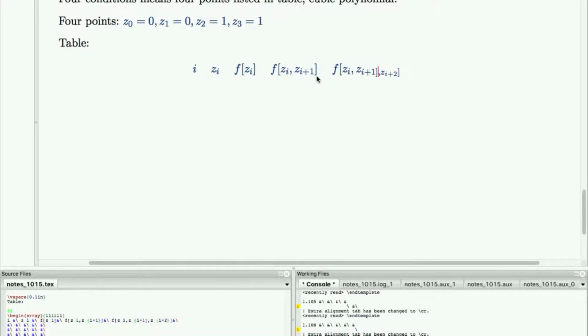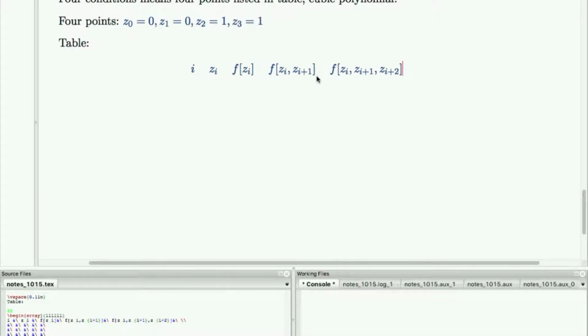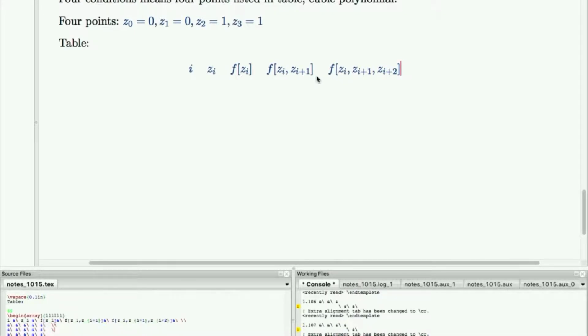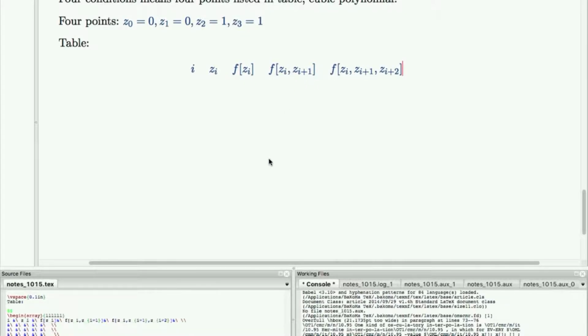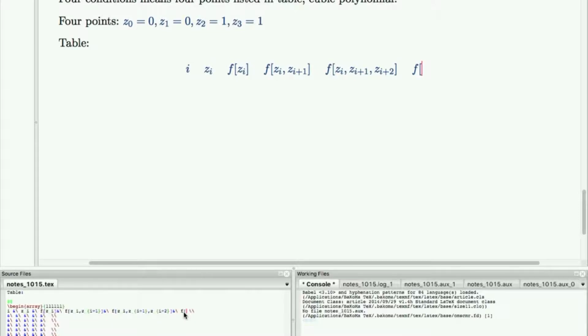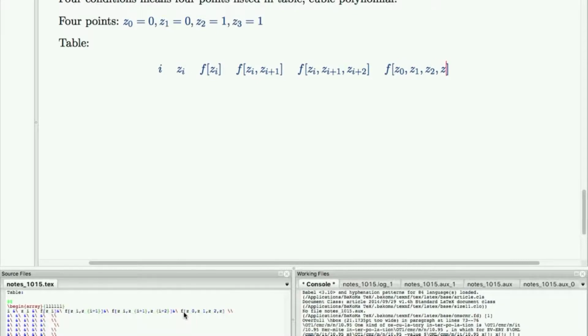And then the last column will have my one and only third order divided difference, which will have all the points z0, z1, z2, z3 listed. That's why I don't have an index in there. It really wasn't necessary.